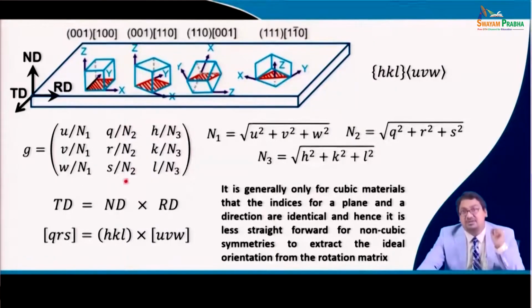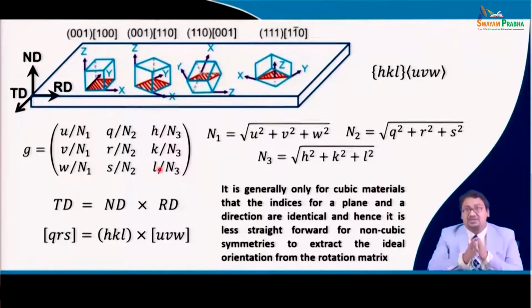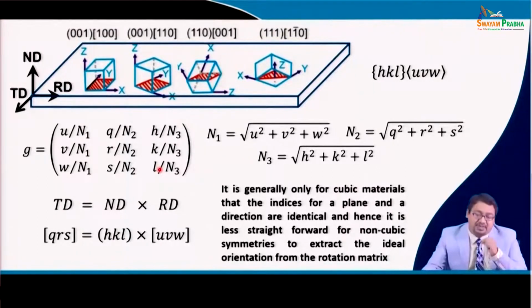So, this gives the Miller indices of T d, whereas HKL is the relationship of 100, 010, 001 with N d.